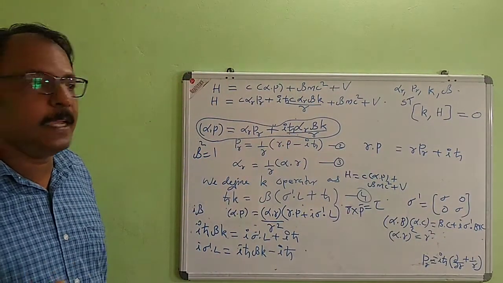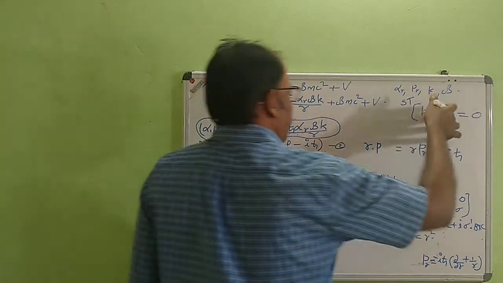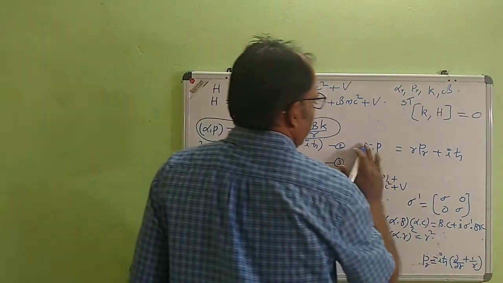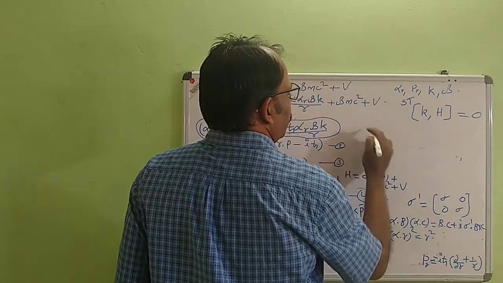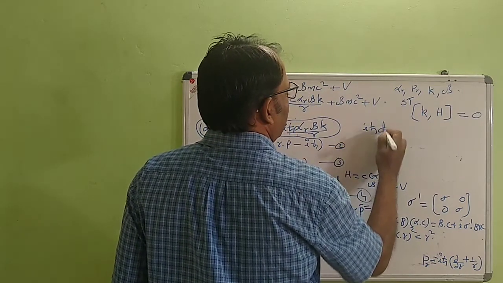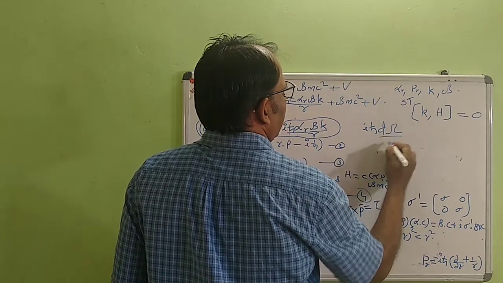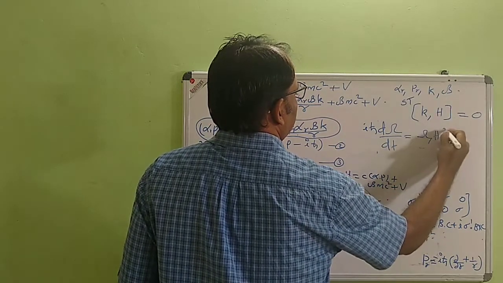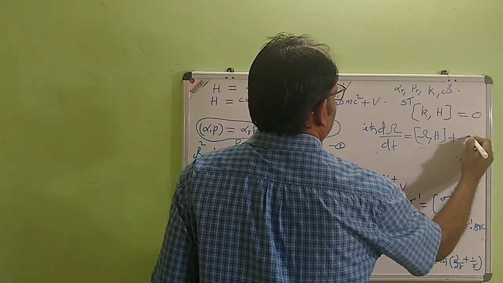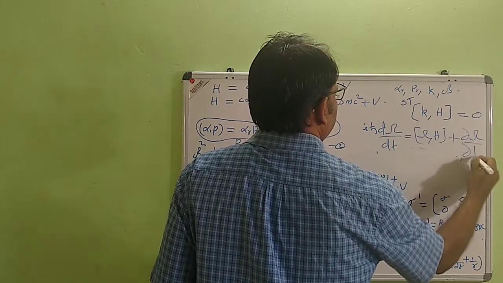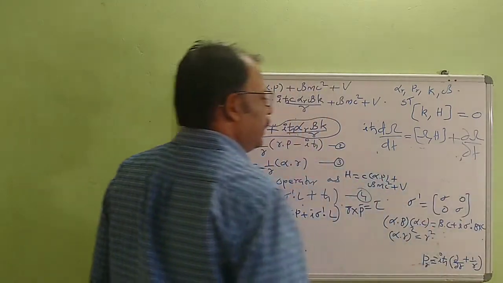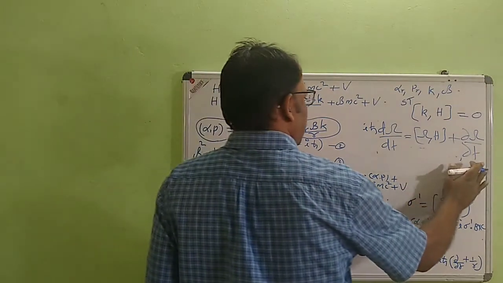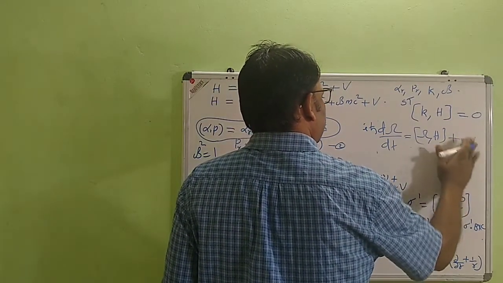When the operator K commutes with the Hamiltonian H, we know the equation of motion: i h bar d omega by dt equal to the commutator of omega and H plus dou omega by dou t. If omega does not have any explicit dependence on time, then dou omega by dou t is equal to 0.